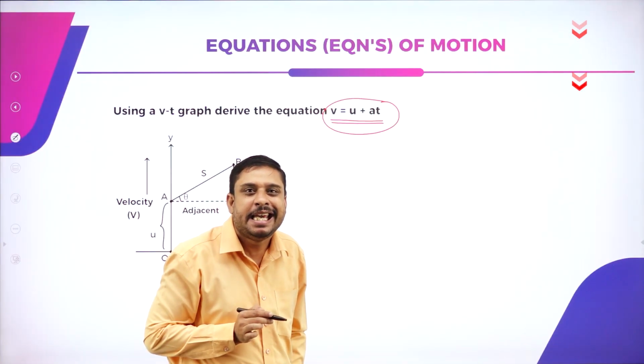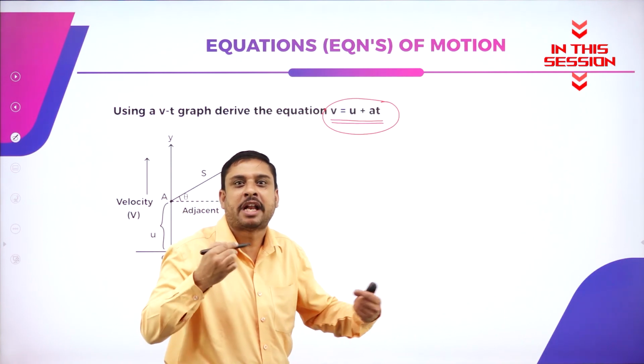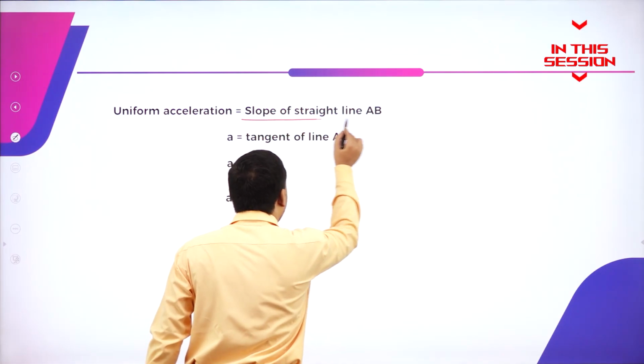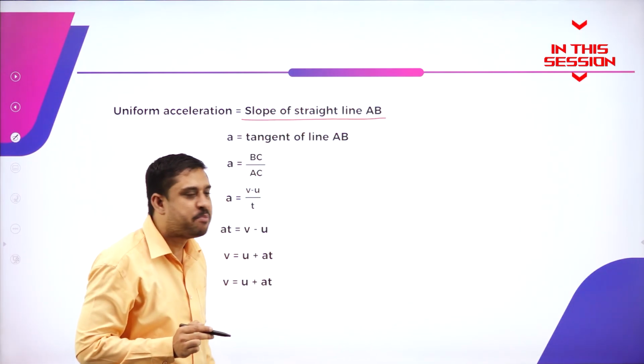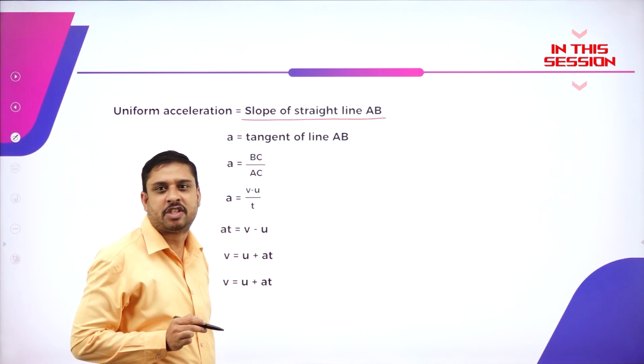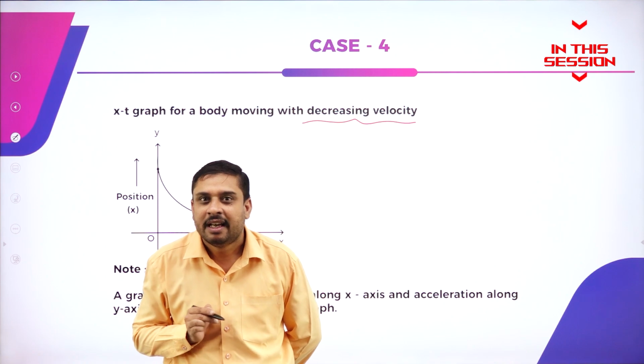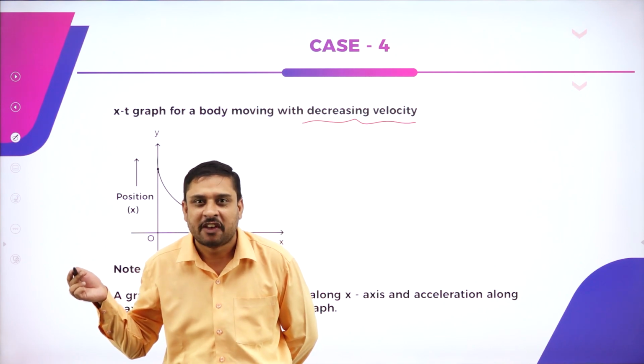V equals U plus AT. What are those terms? The slope of this straight line AB gives me uniform acceleration of the velocity time graph. The slope of the VT graph.